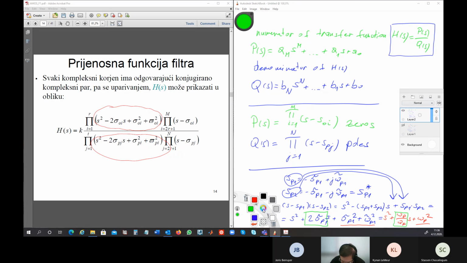So just a moment: 2 sigma p1 is equal to omega p over Q p, and sigma p1 squared plus omega p1 tilde squared is equal to omega p squared. So from here, we have the combination of the parameters.